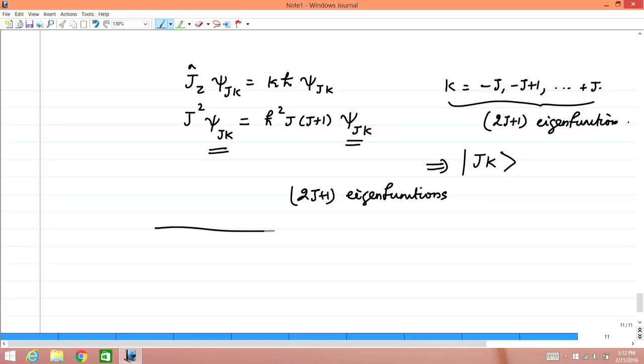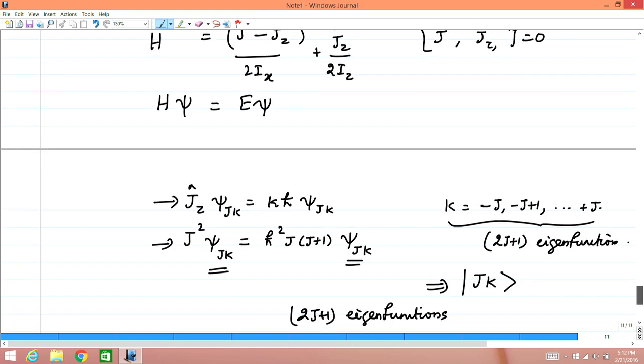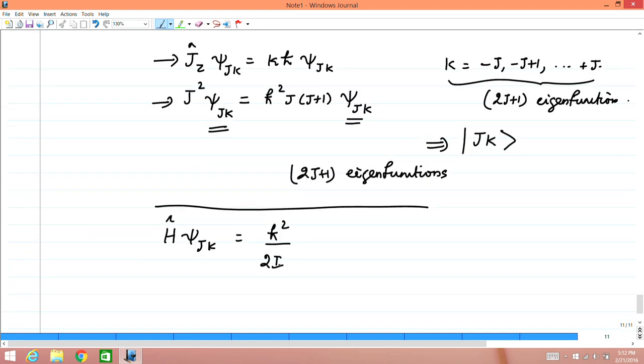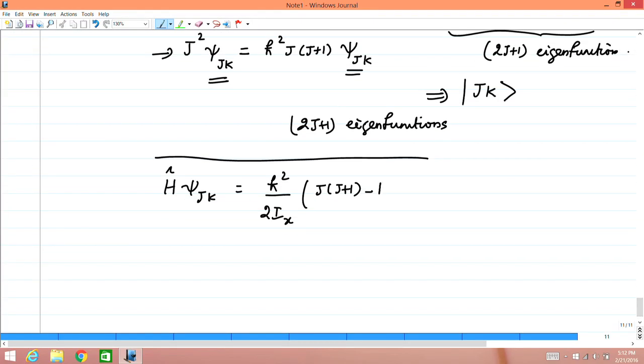Now, these are the inputs for us to calculate the Hamiltonian on psi J k. The Hamiltonian is h bar square by 2Ix, and the operator J square gives you J into J plus 1, and the operator Jz square gives you h bar square k square.